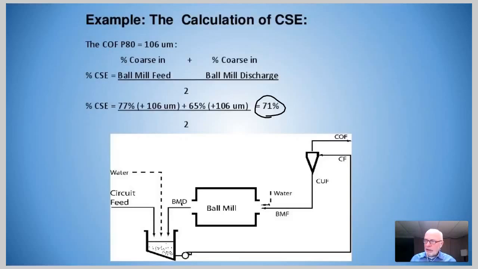So, how would we go about maximizing CSE? And that's a question of what circuit design and operating factors affect CSE. From this slide, we can see that the amount of fines or minus size material in the mill depends on what's going in the hydrocyclone underflow. So clearly we want that to be minimized.